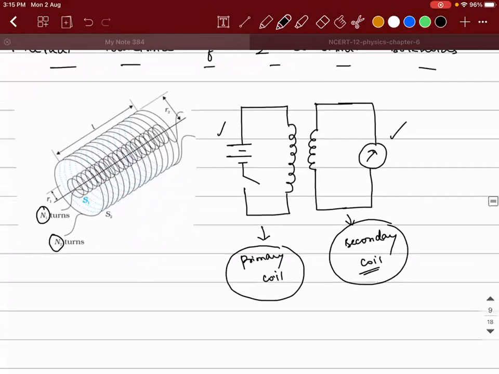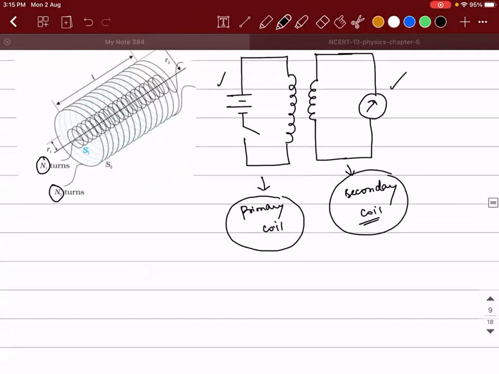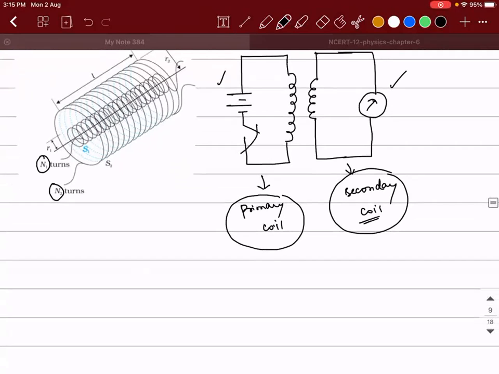Right. Now the next question is, when you close the switch, what is going to happen? There will be an increase in flux. And when there is an increase in flux, the same flux will get linked with the second coil as well.